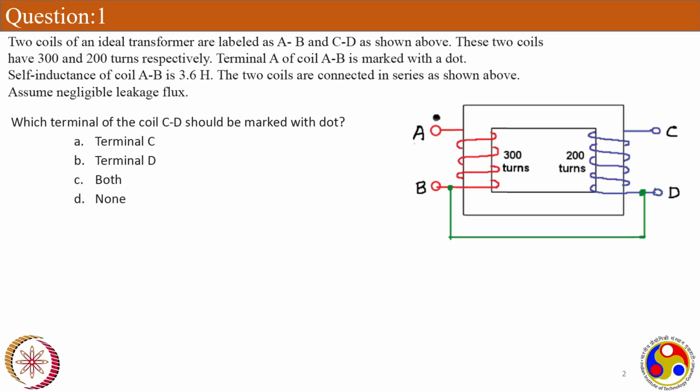There is a series connection labeled in green at the bottom. The two coils are connected in series as shown in the picture. Assuming all the leakage fluxes are negligible, we need to find in which terminal of the coil CD we should mark the dot.